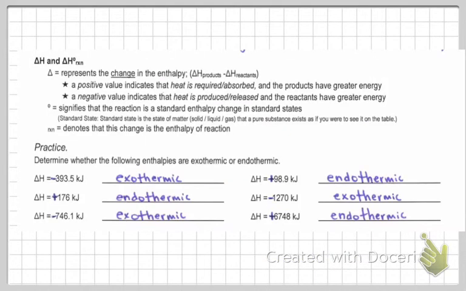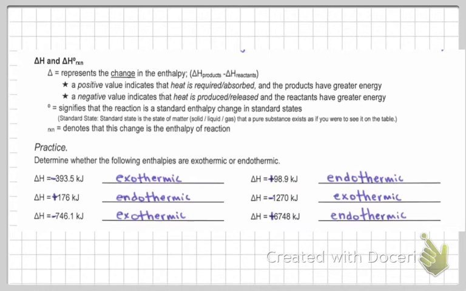This is on the bottom of your first page of notes, and there are some symbols that as you go deeper into science, you're going to have to know, especially when you get into physics as well. So this little triangle symbol is the Greek letter delta, and delta represents a change in enthalpy.